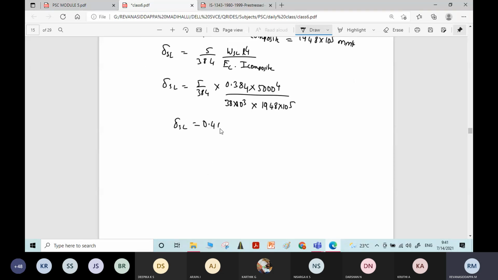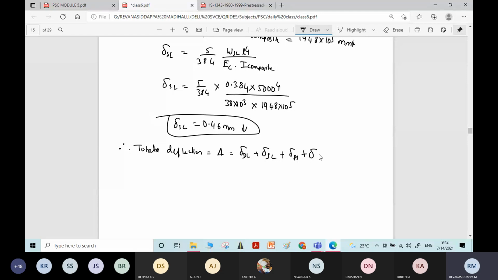Now find the total deflection. Therefore, total deflection delta is equal to deflection due to dead load plus deflection due to slab self weight plus deflection due to prestressing force plus deflection due to live load.